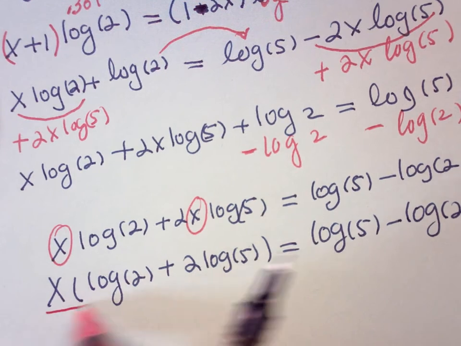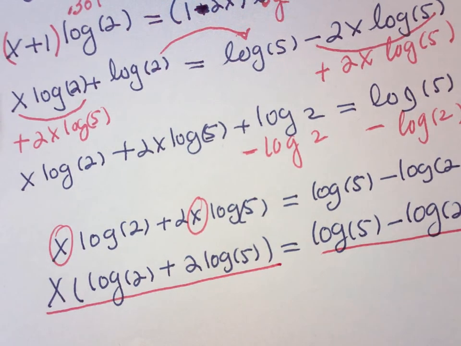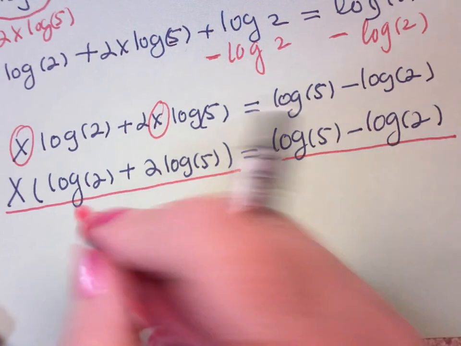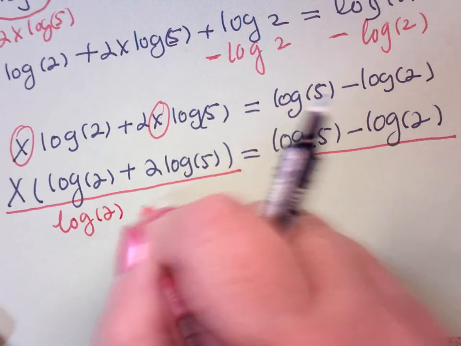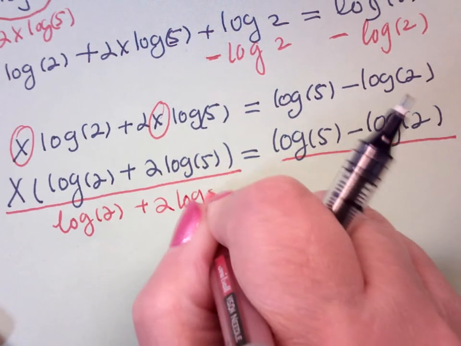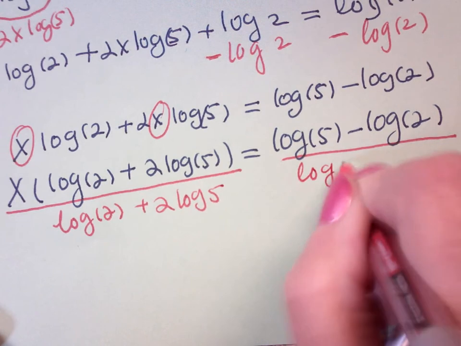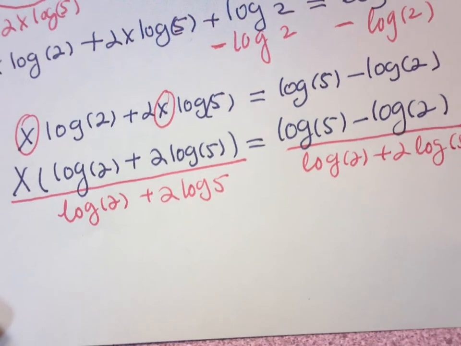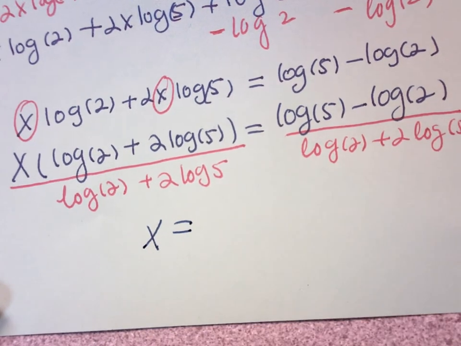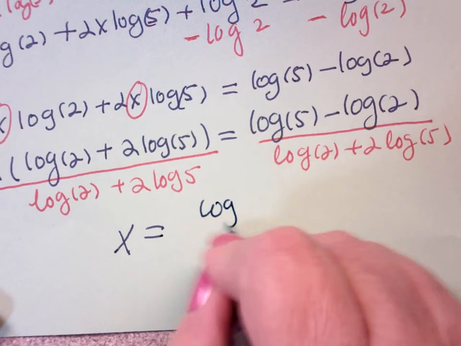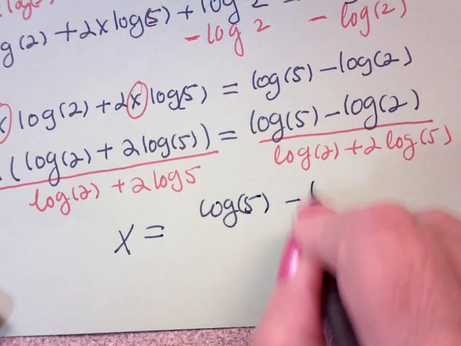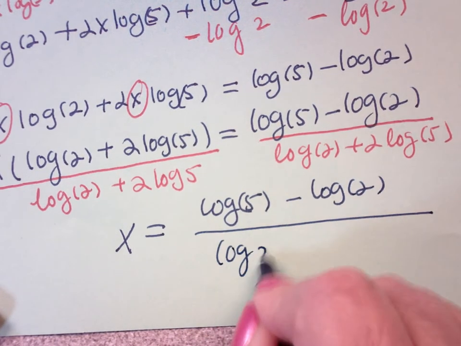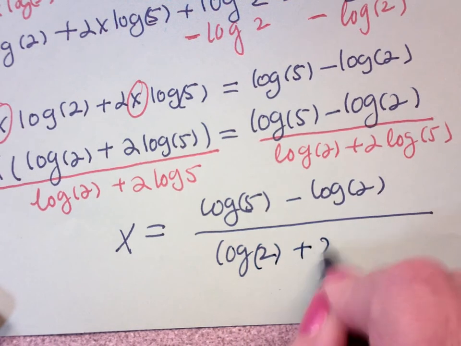And now divide both sides by log of 2 plus 2 log of 5 so that x is log of 5 minus log of 2 divided by log of 2 plus 2 log of 5.